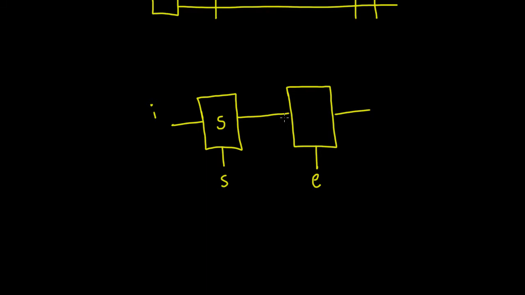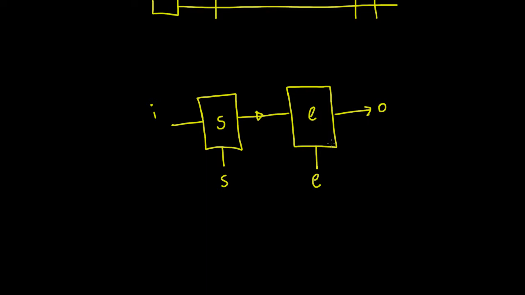Now this output here is the enable section, and what the enable does is, when enable goes high, it allows the output of the first section to pass on to the final output here.